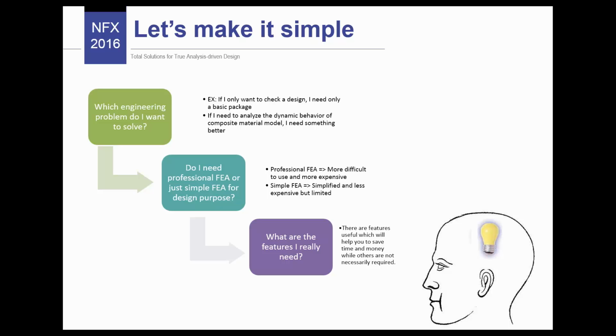And this will give you the basic requirements that you need for a software. For example, if you only need to check the design, you will only need a basic package. So the most basic linear static analysis, for example. But if you need to analyze something more complex, like for example the dynamic behavior of composite material, then you will need something much better.